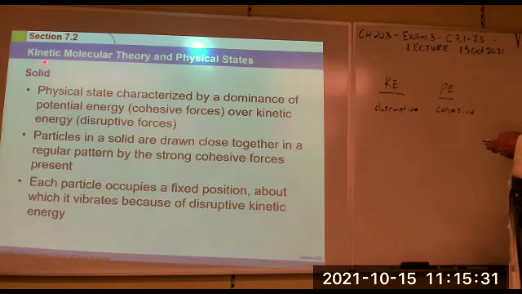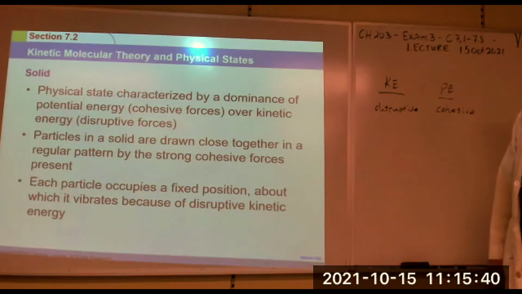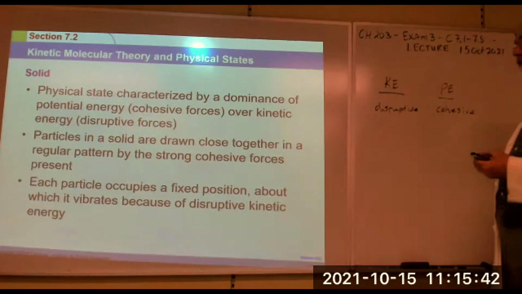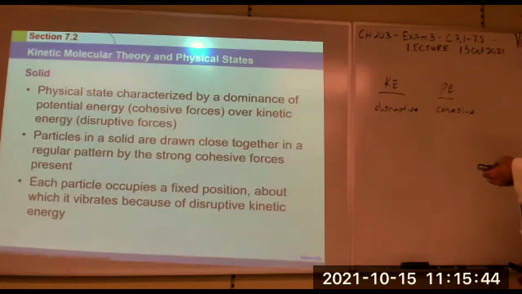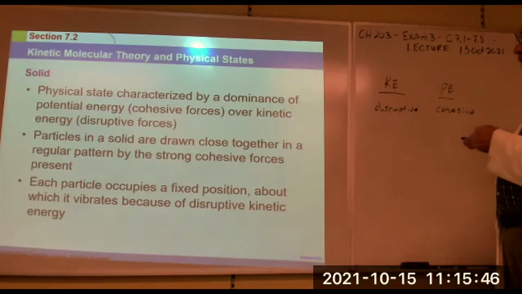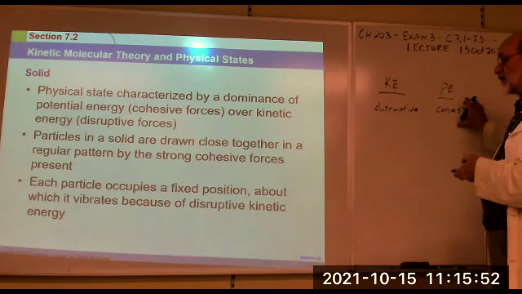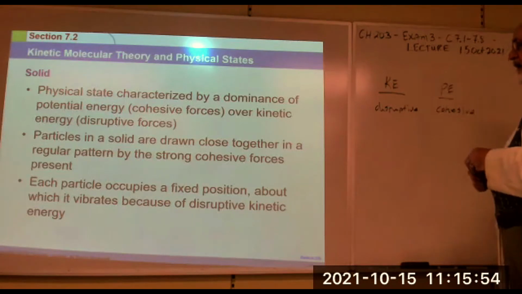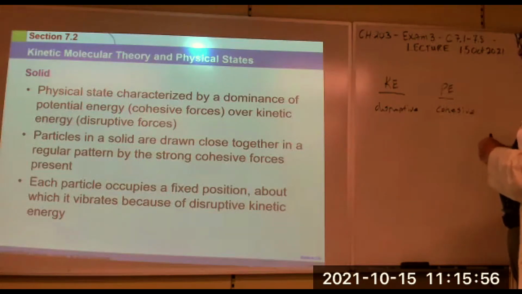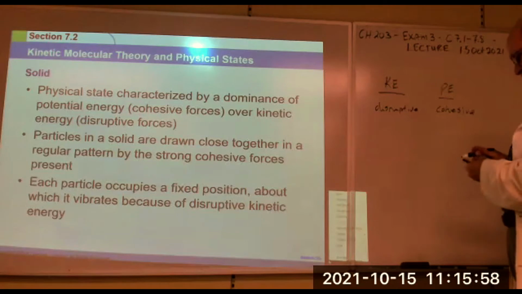The physical state we identify as a solid is one in which the shape and volume are fixed and independently maintained by the substance. That physical state is characterized by potential energy as a dominating force. The cohesive force is holding it together. That's the dominant force, and the disruptive force is less.